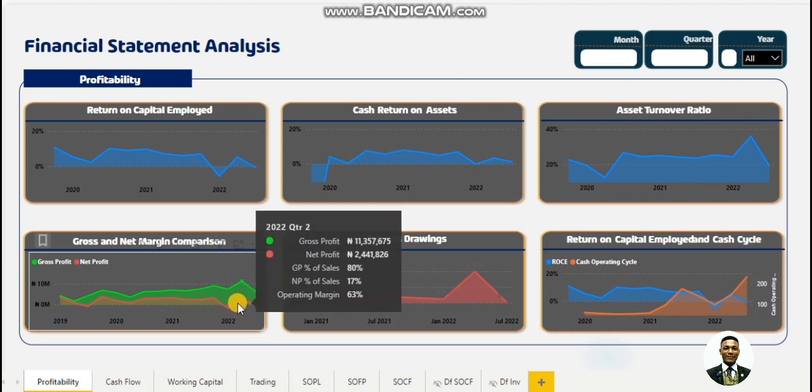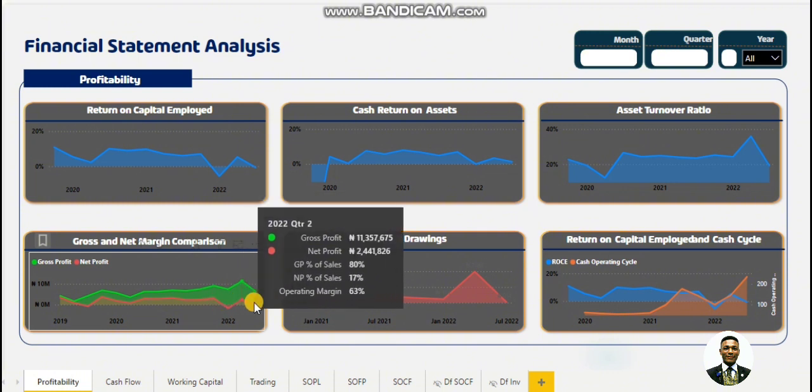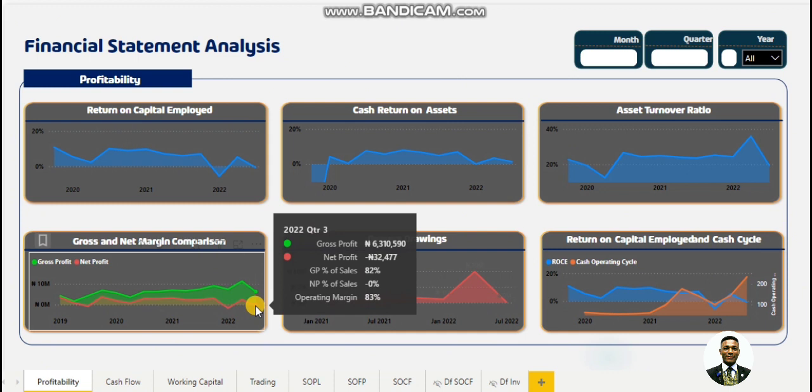We see another spending over 50% on admin and operating expenses again in the second quarter of 2022, and we also see an 83% spent on admin and operating costs.